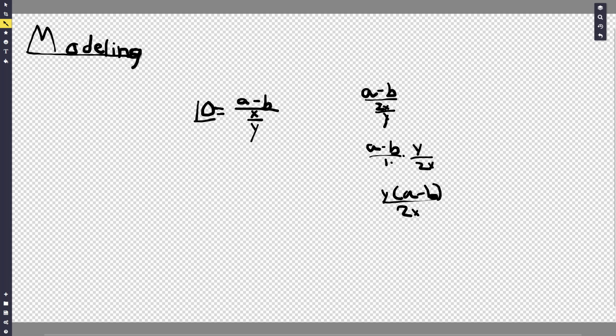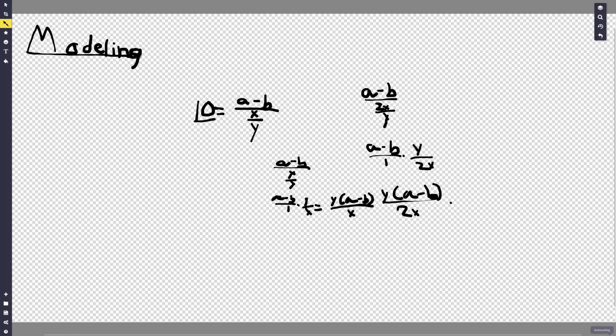And so compare this to the normal equation, right? So a minus b divided by x divided by y. We can rewrite this as a minus b over 1 times y over x. And so we get here y times a minus b divided by x.